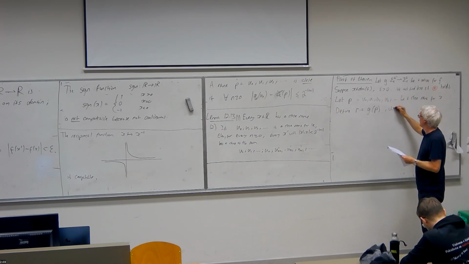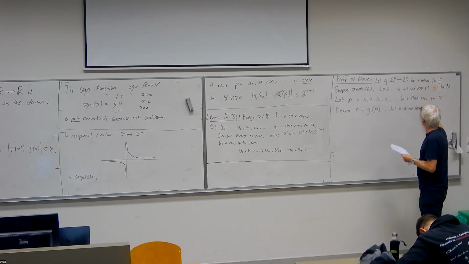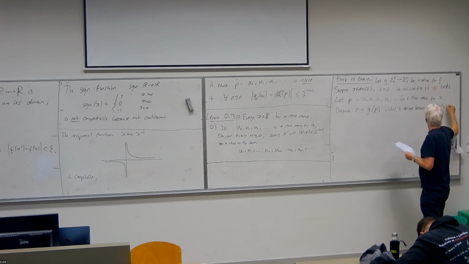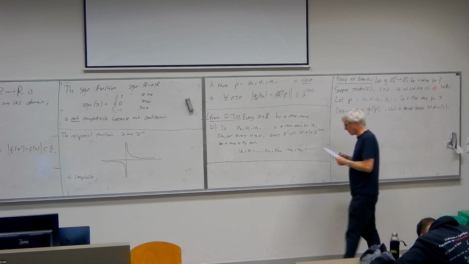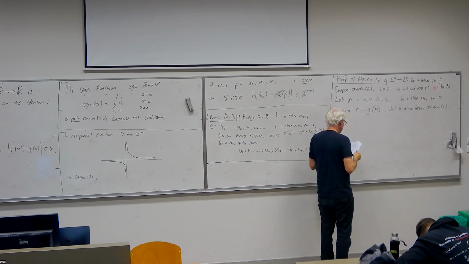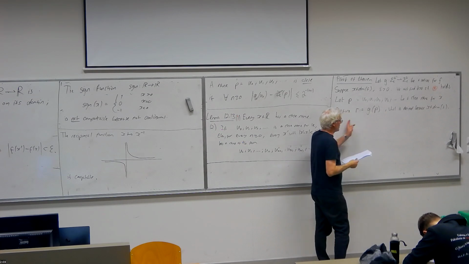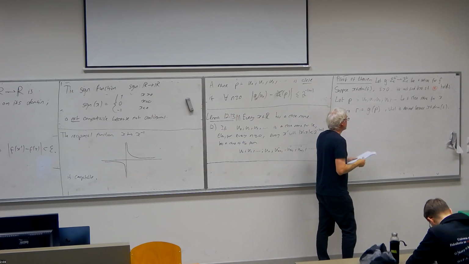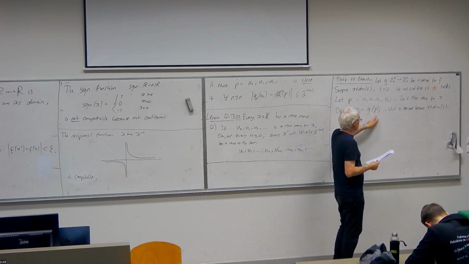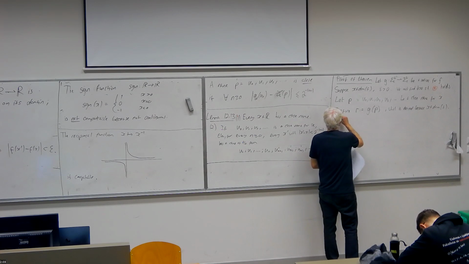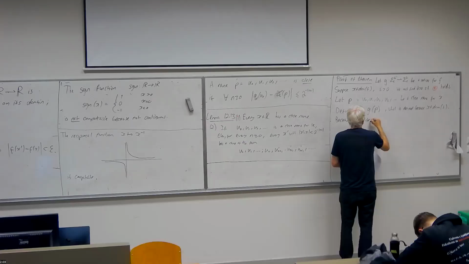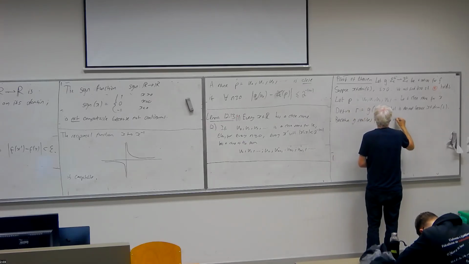Which is defined, and because G is a realizer for f, R is a name for f of x.